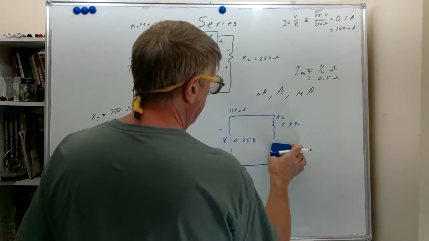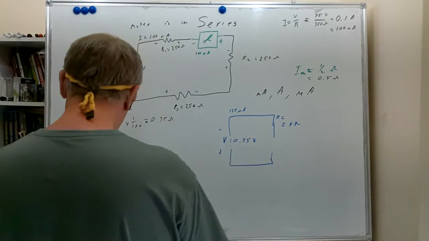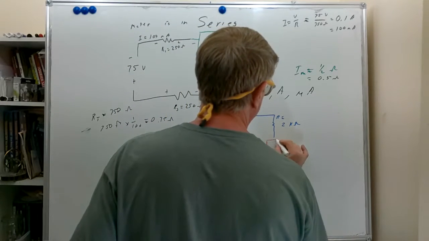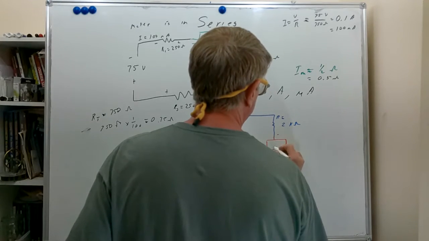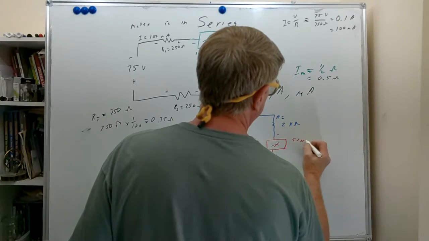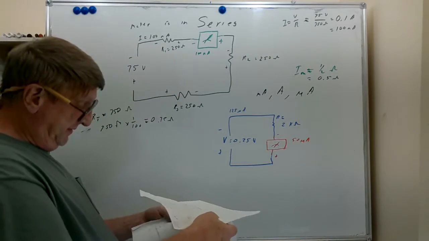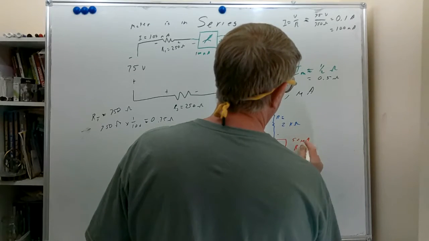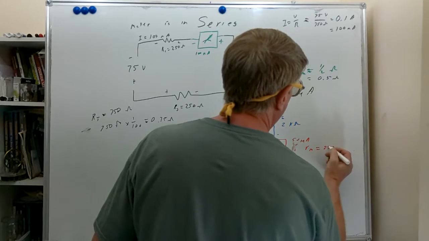If we put a 50 microamp meter in here, and we have 2000 ohms, IRM, the resistance of the meter, equal to 2000 ohms.